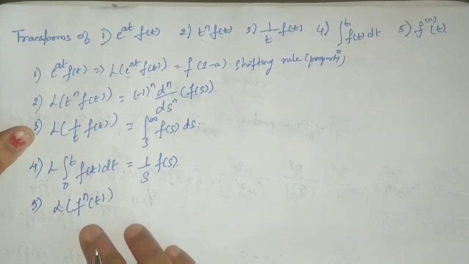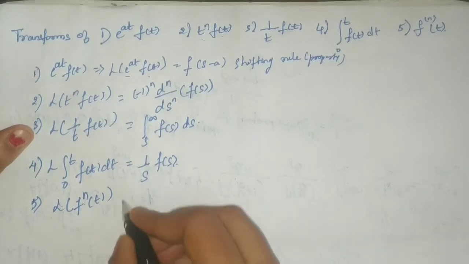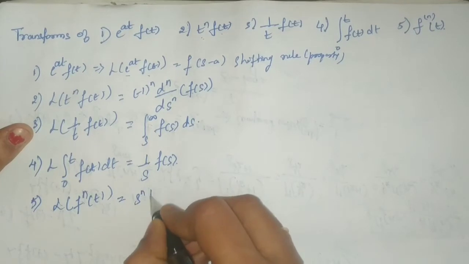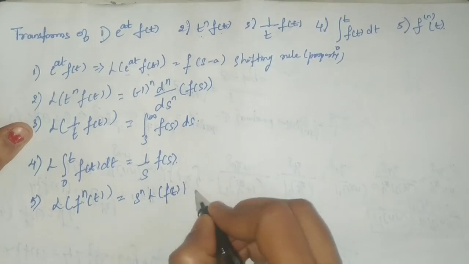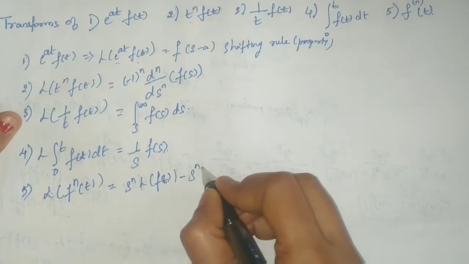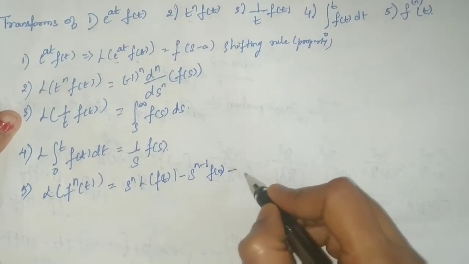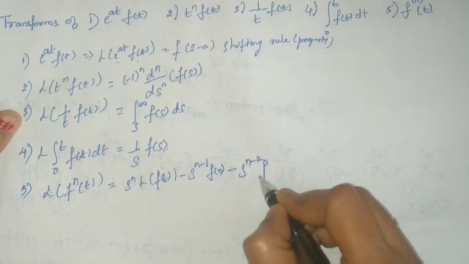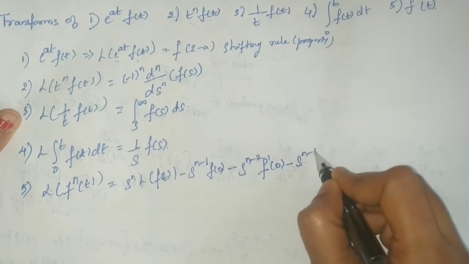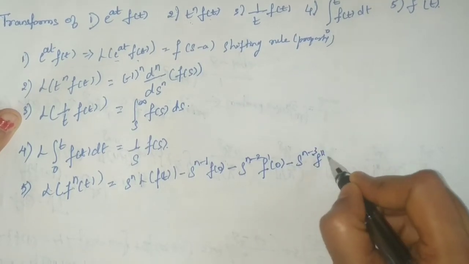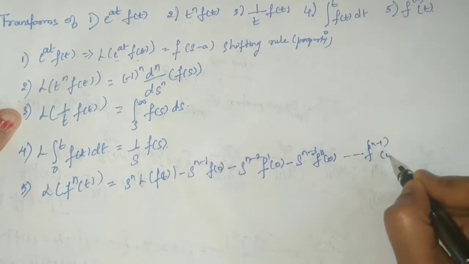This is nothing but Laplace transform of derivative or differentiation, okay, which is defined as s power n Laplace transform of function, okay, minus s power n minus 1 first value of function, s power n minus 2 second derivative of the function, s power n minus 3 derivative of the function, and so on, f n minus 1 of 0.